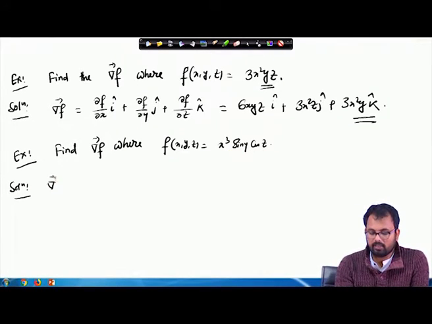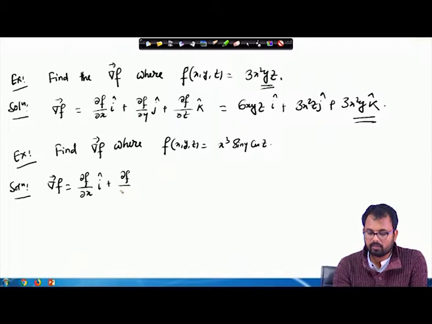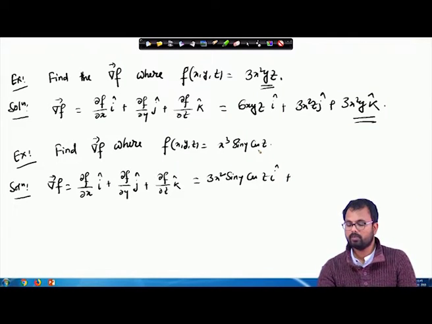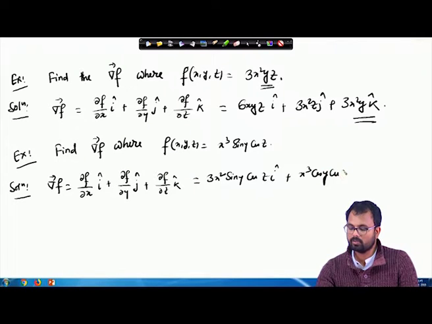Then we can write the gradient of f is equal to del f del x times i, del f del y times j and del f del z times k. Now, when we differentiate f with respect to x only, it will be 3x squared sin y cos z i, plus when we differentiate with respect to y, it will be x cubed cos y cos z j, and when we differentiate with respect to z, it will be minus sin z.